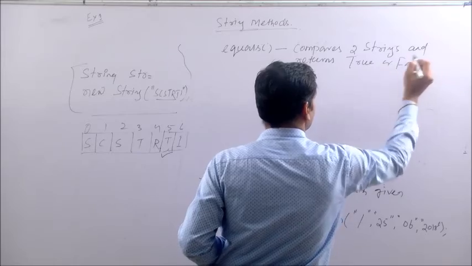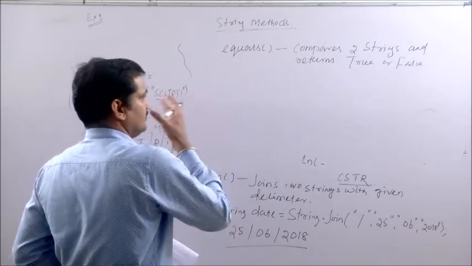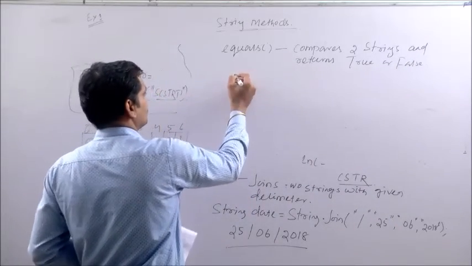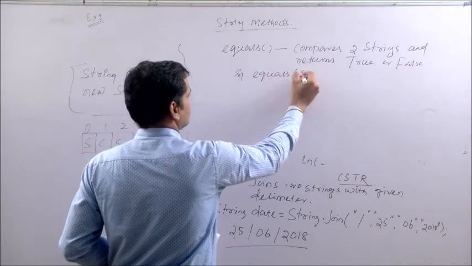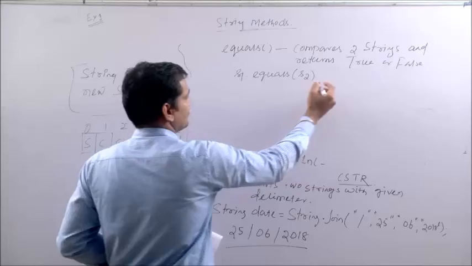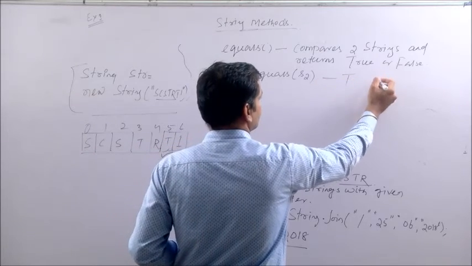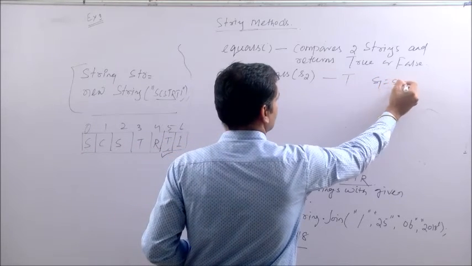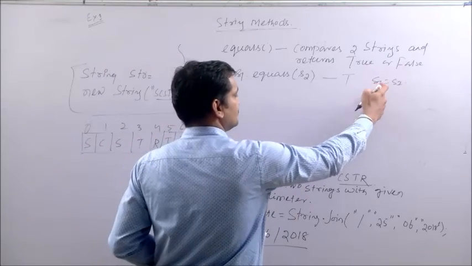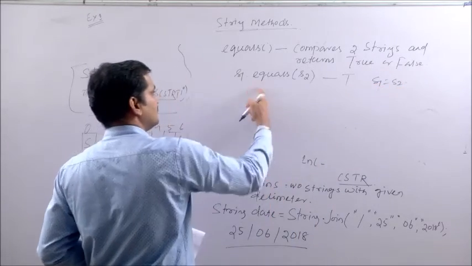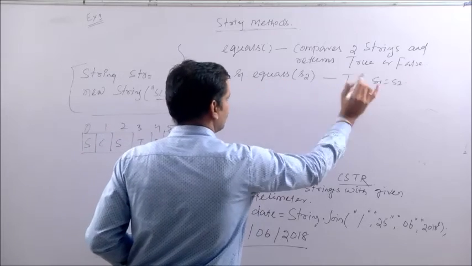It's a Boolean value; it returns either true or false. For example, if I say s1.equals(s2), this returns true if the value present in the s1 string is equal to the value present in s2, otherwise it returns false.